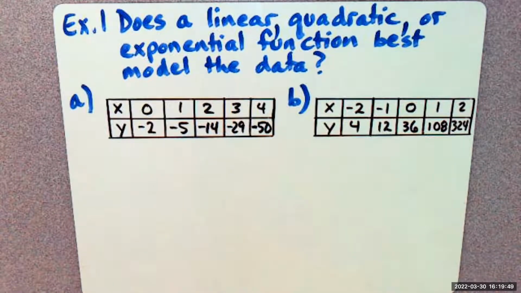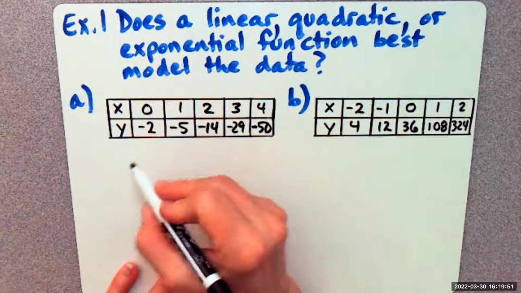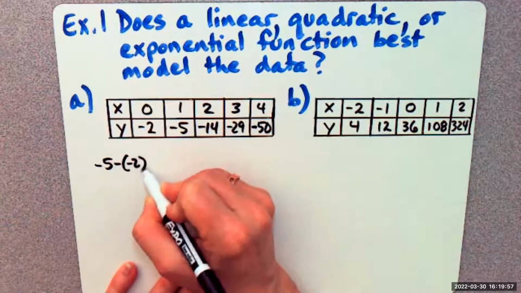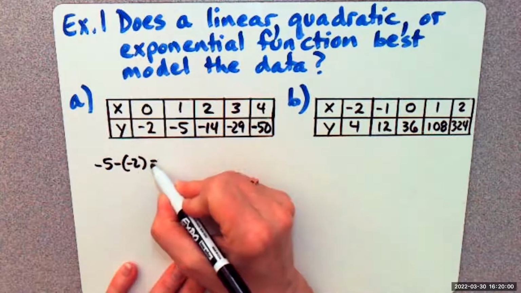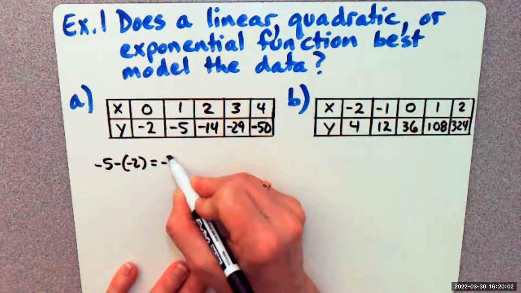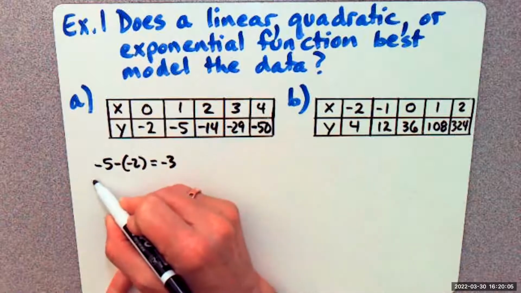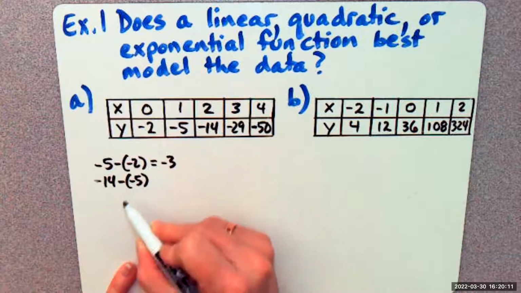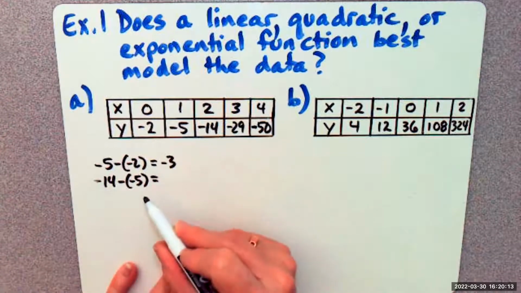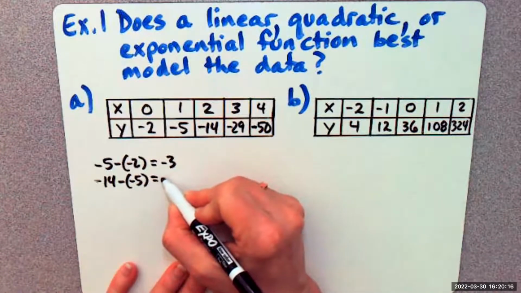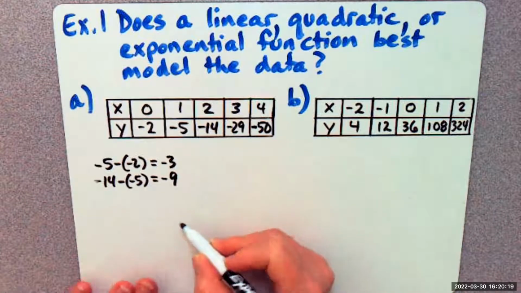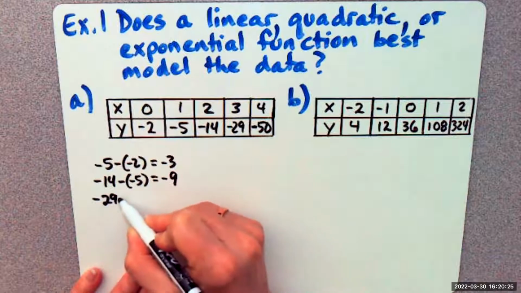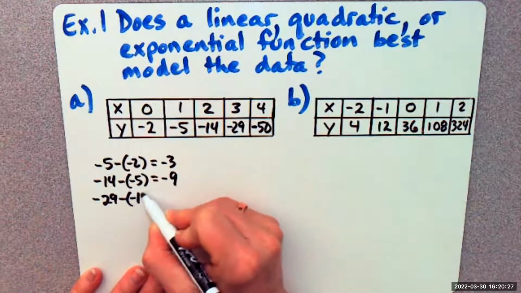So we're going to look at this. If we look at -5 minus -2 for our output line, that's -5 plus 2, which is -3. Our next one is -14 minus -5, the same as -14 plus 5, which is -9. Then -29 minus -14.